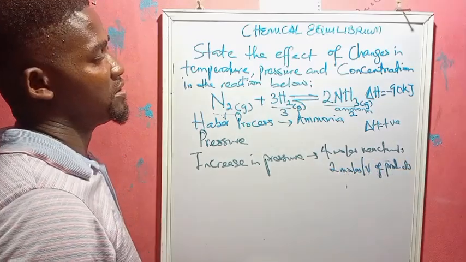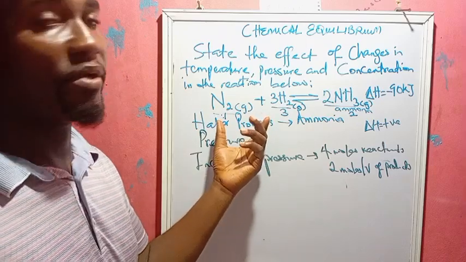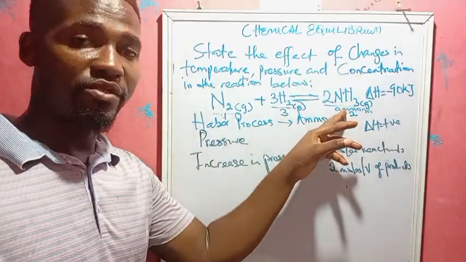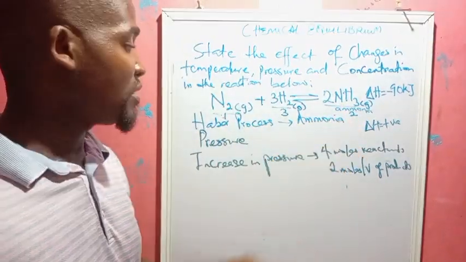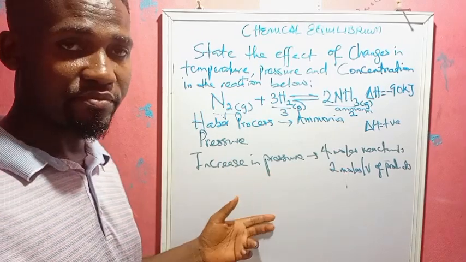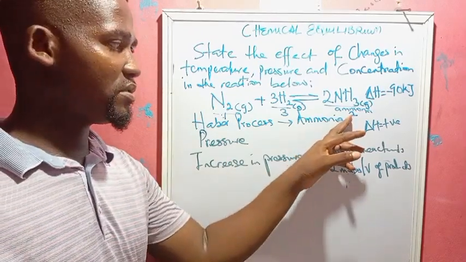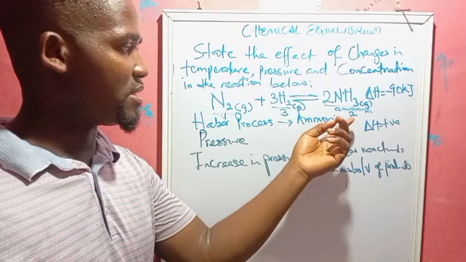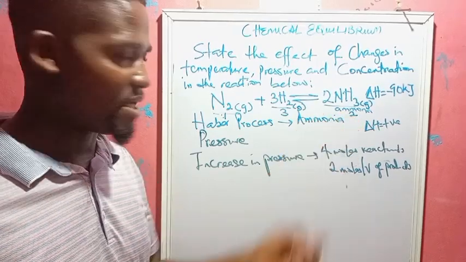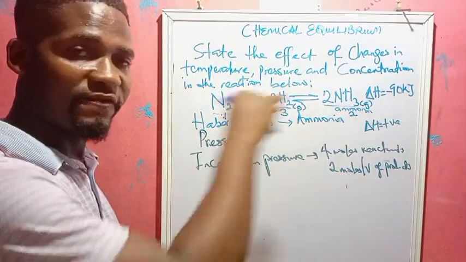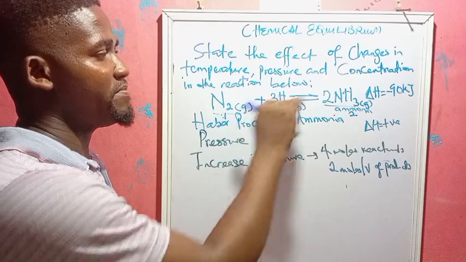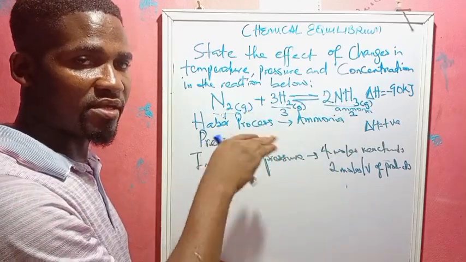Now what this does is that already there is increased pressure here, and the pressure here is reduced because you have 2 moles only. So if we increase pressure, in order to maintain the low pressure experienced in the product side, the equilibrium position will shift so that the pressure will be maintained across reactant and product side.